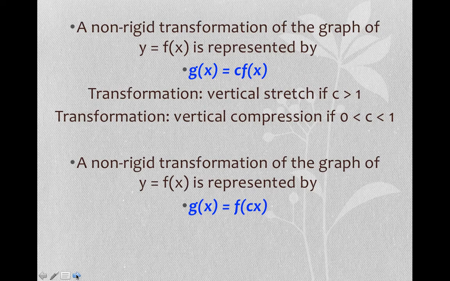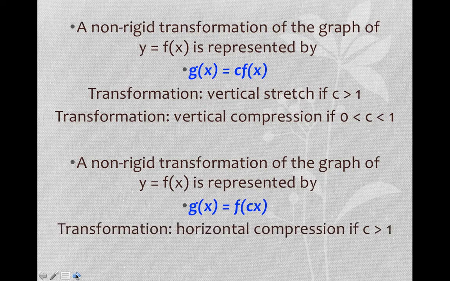Okay, another non-rigid transformation of the graph of y equals f of x is represented by g of x equals f of c of x, where the number c is being multiplied on the inside of the function. This transformation is going to be a horizontal compression. We're going to press from the side if c is greater than 1.